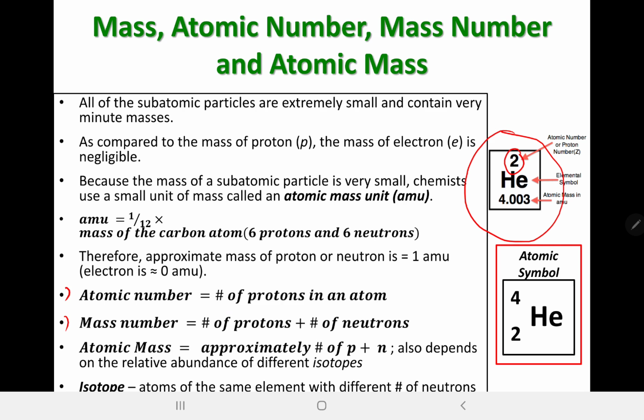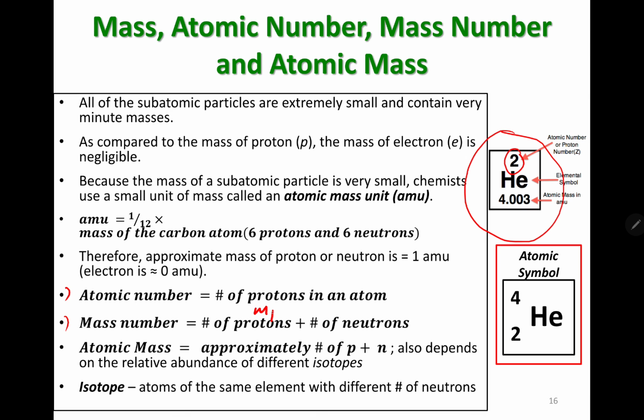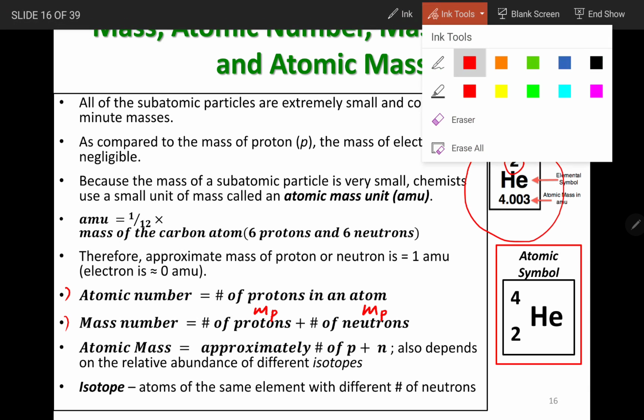When it comes to the mass of an atom, of course, the mass of electrons is insignificant. So the only subatomic particle masses that matter are the mass of a proton and the mass of a neutron. These are the only two subatomic particles that matter.